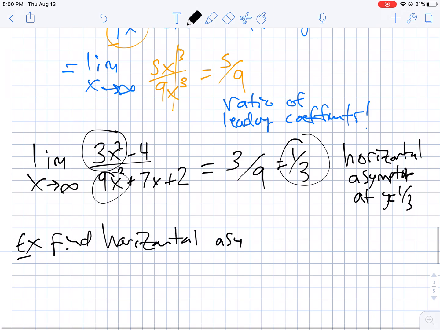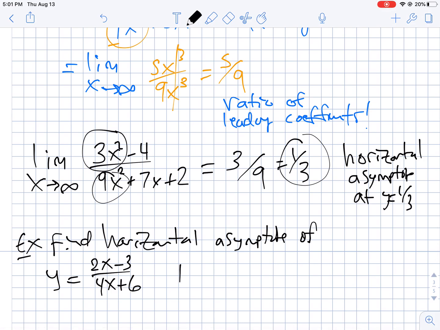So if someone just asks you, for example, to find the horizontal asymptote of, say, y equals 2x minus 3 over 4x plus 6, you look at this and say, oh, I just need to take the limit as x goes to infinity of this. And you see, oh, I just get 2 over 4, which is 1/2.